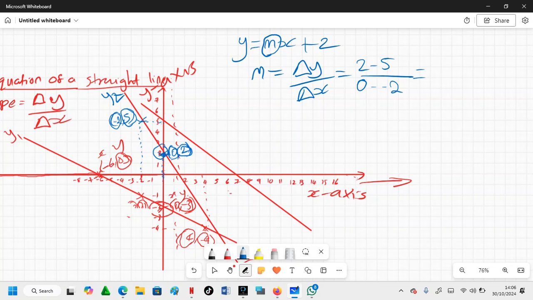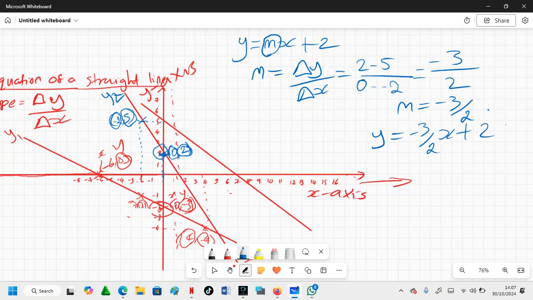So 2 minus 5, that is -3, and then 0 minus -2, that is simply 0 plus 2, so that is 2, right? So our gradient here is -3 over 2. Therefore, the equation is going to be y is equal to -3 over 2x and then plus 2.